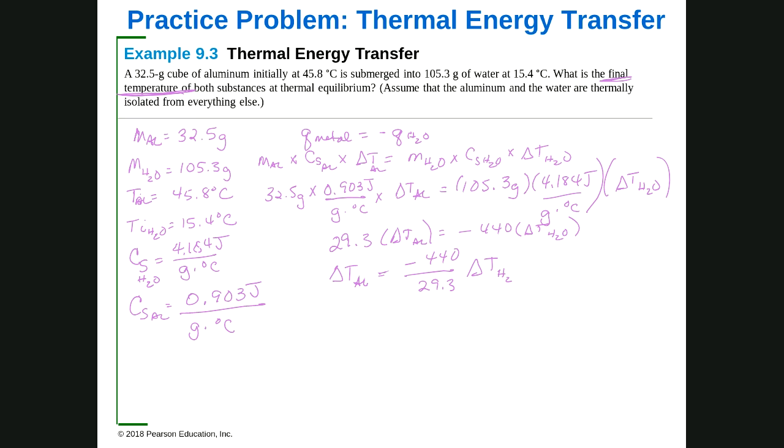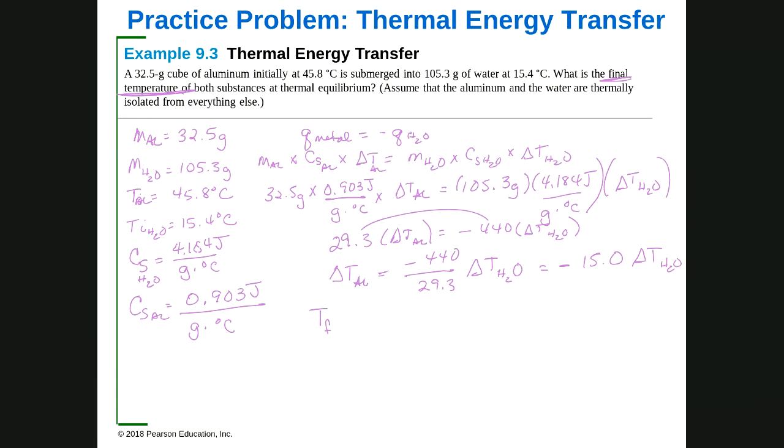See what I did? I got the delta T of the aluminum by itself. That ends up being a negative 15 times the delta T of the water.